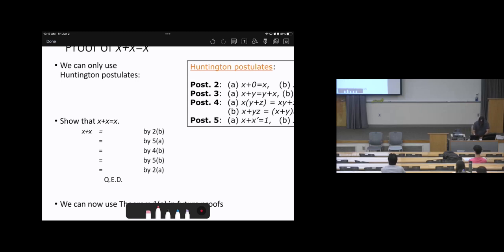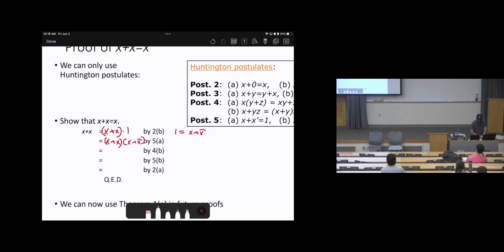We can say that x plus x is actually x plus x times 1. And we know that 1 is actually x plus x bar. So we can say x plus x times x plus x bar.